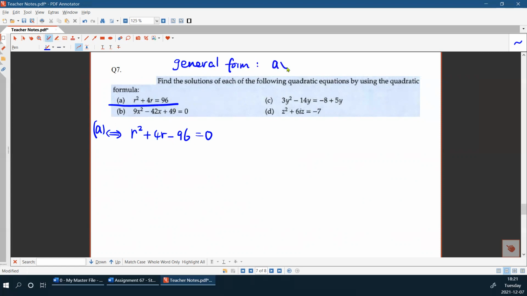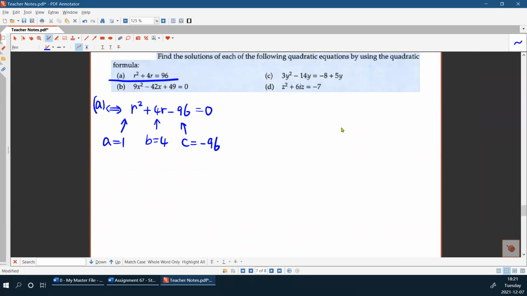General form is a form of ax squared plus bx plus c equals 0, right? This is the general form of the quadratic equation. So that means our a is 1, right? And this is our b. B is 4. And this is our c, right? C is negative 96, right?